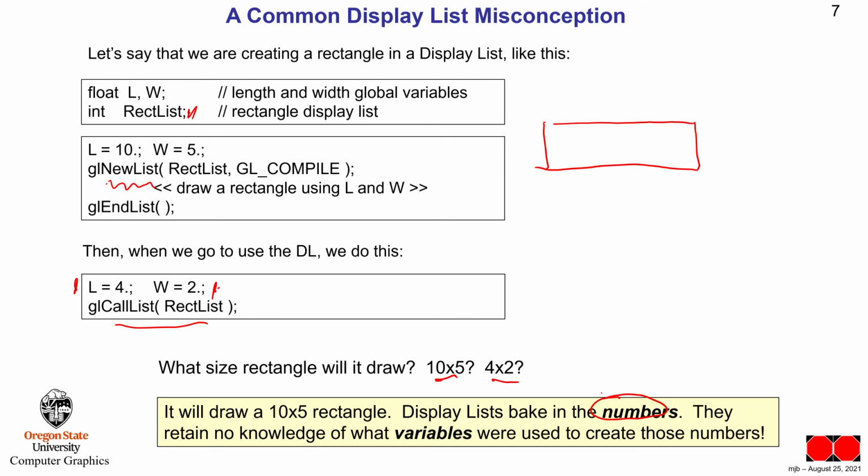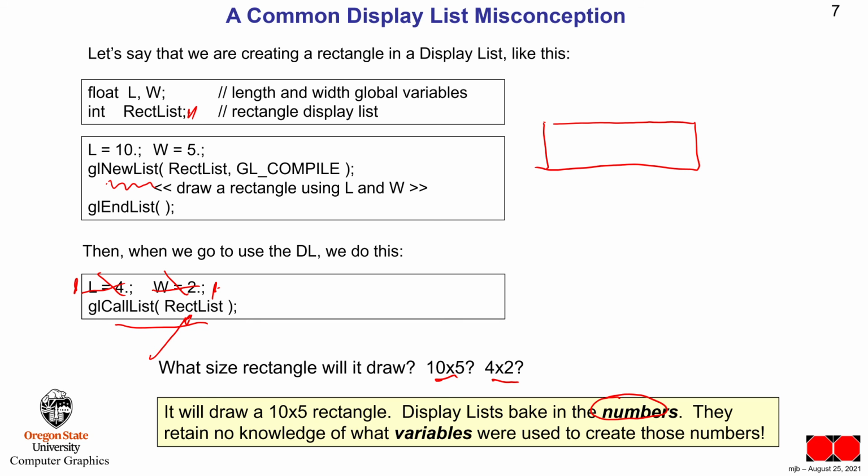There is no recollection at all of what the symbol was, what the variable was that is changing or that created those numbers in the first place. So it doesn't matter at all what you do to L and W because the original numbers are baked into that display list. It'll draw 10 by 5.